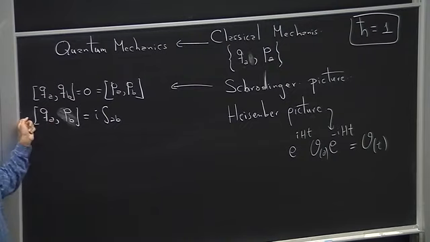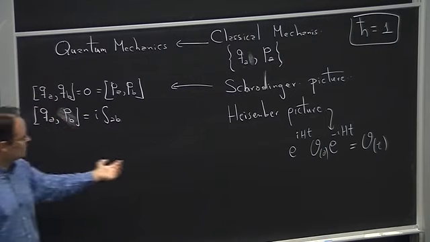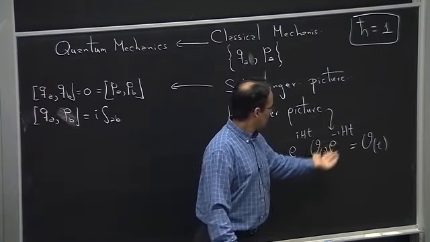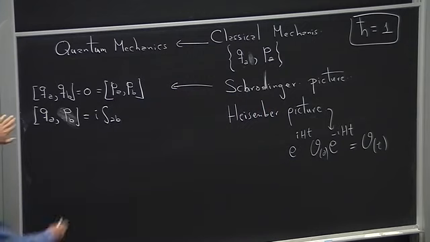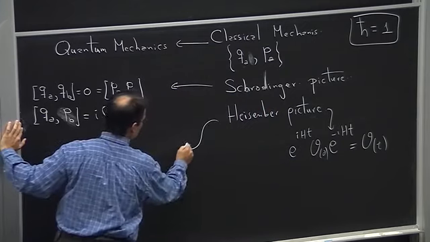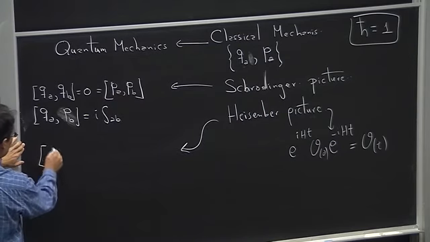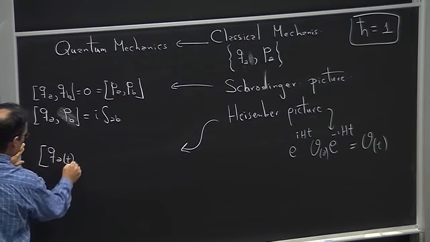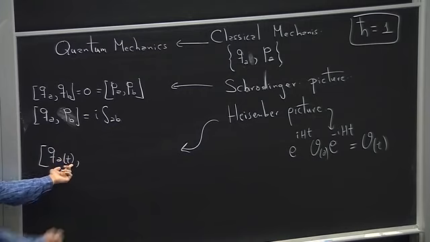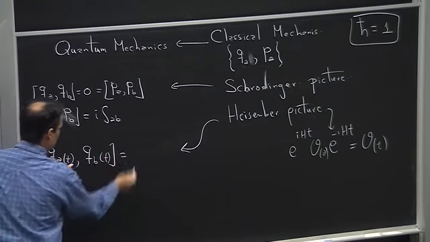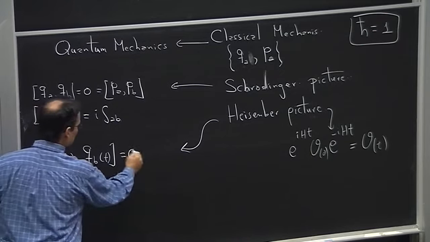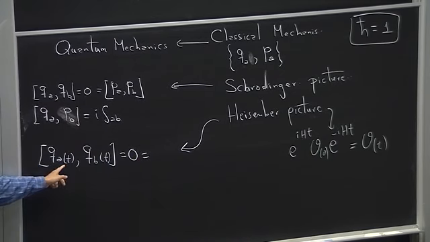If I take each of these operators, they are operators after all, and I evolve them in time, I can promote them into commutation relations in the Heisenberg picture as long as I think about this operator and the next one evaluated at the same value of time.